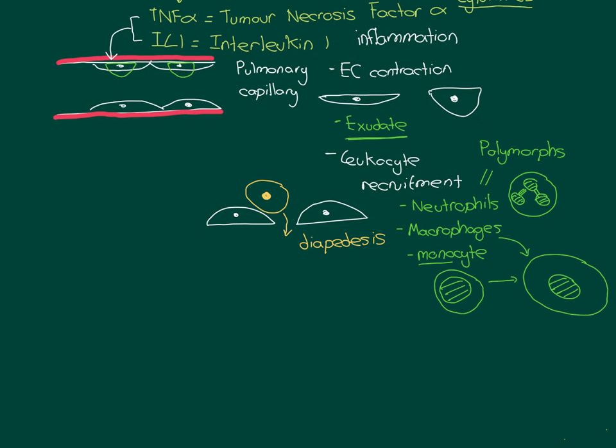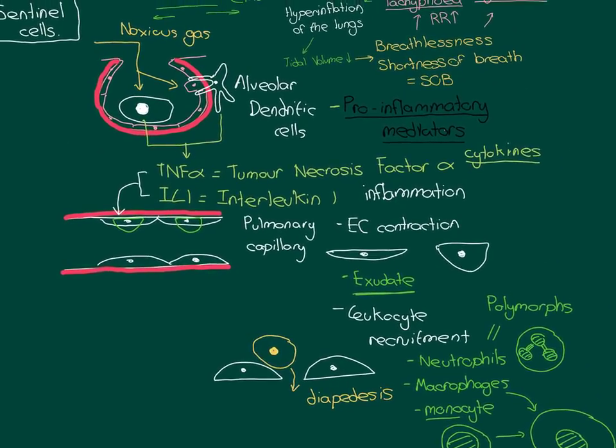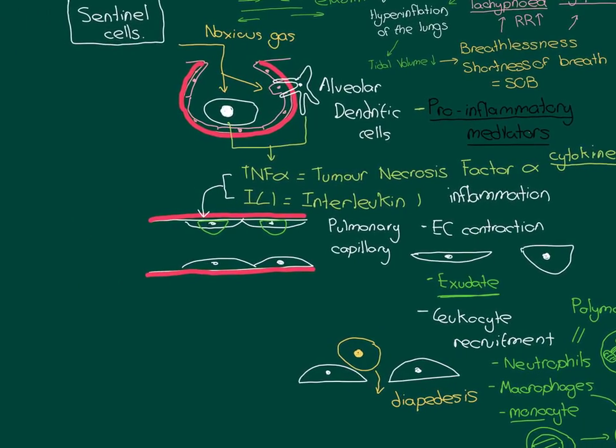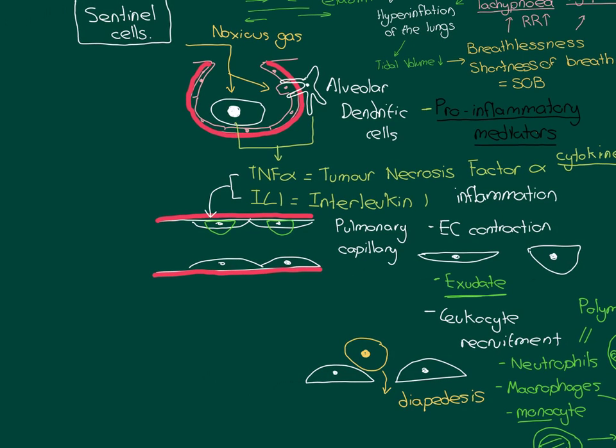Okay, so in this inflammatory response then, we're going to get neutrophils recruited and macrophages recruited into the connective tissue underneath the alveoli. Now, what I'd like to add is the fact that you, especially in COPD, get a huge number of neutrophils recruited, and the reason is that the sentinel cells, for reasons that aren't fully understood, in response to the noxious gas, release pro-inflammatory mediators that call for neutrophils.